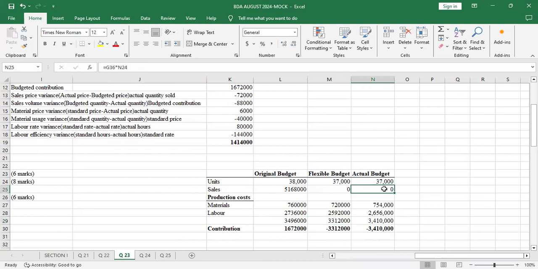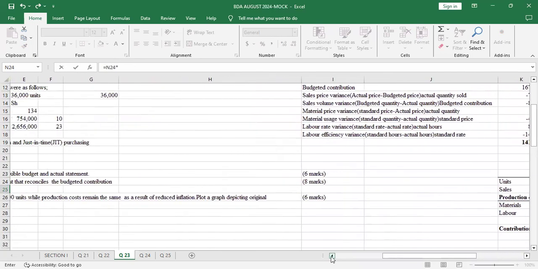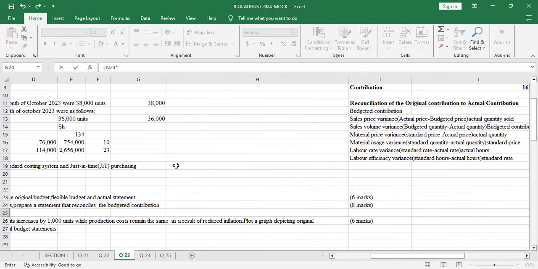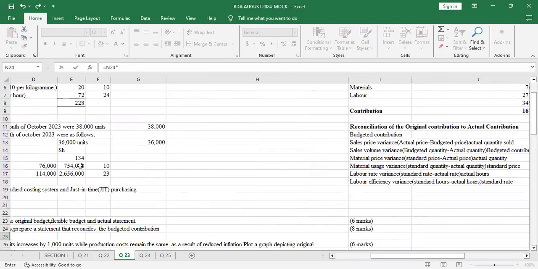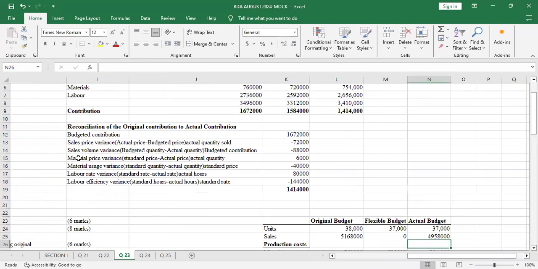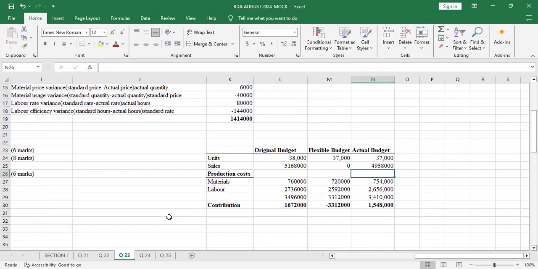Let me start by calculating the sales for actual. I'll take 37,000 units and multiply by the selling price per unit, which was 134. So I get that value for sales. For sales for flexible, I'll now apply the flex factor.